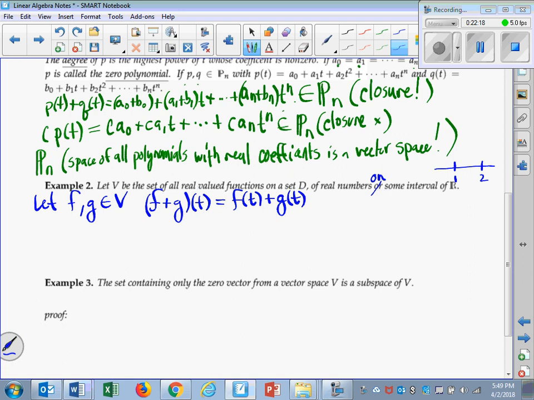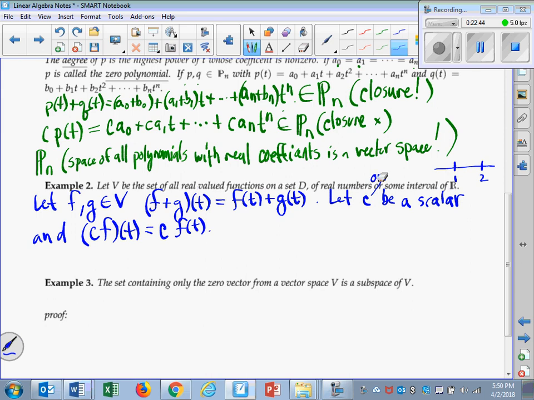And maybe we'll let c be a scalar, then cf of t we'll define to be just c times f of t, the usual scaling of a function that we've used before.